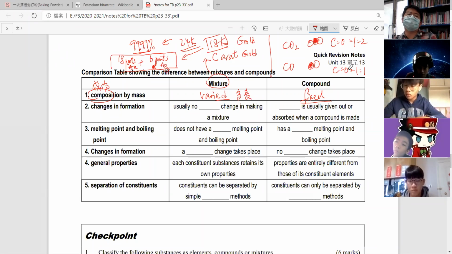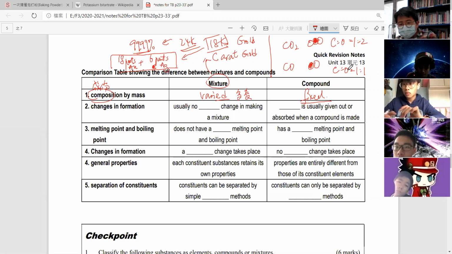So whenever you talk about a compound, you may see from the symbol, from the diagram, that the ratio of the number of atoms in the two is different. It stays the same, it is kept fixed, no change. Okay, but once I change the ratio, here comes another substance.